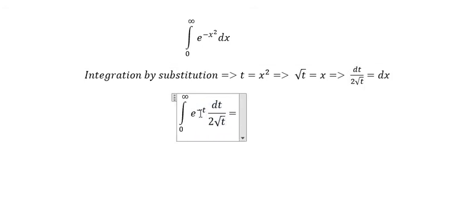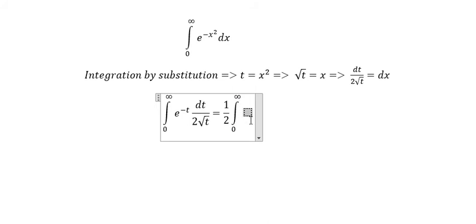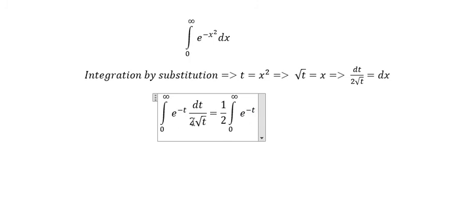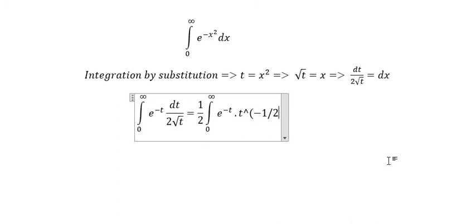Now we just arrange the inside of the integral here. We have the square root of t in the denominator, so we have t to the power of minus 1/2.